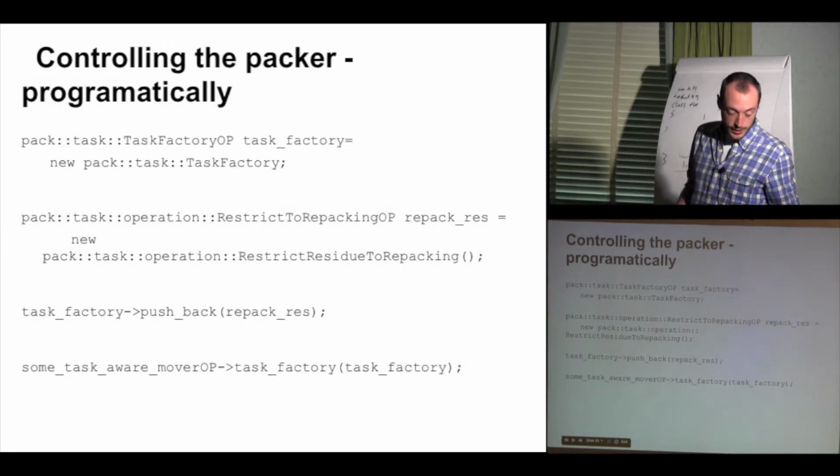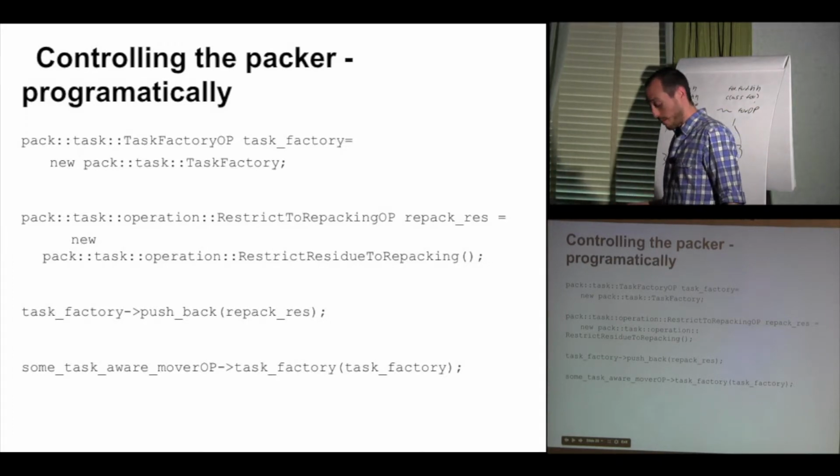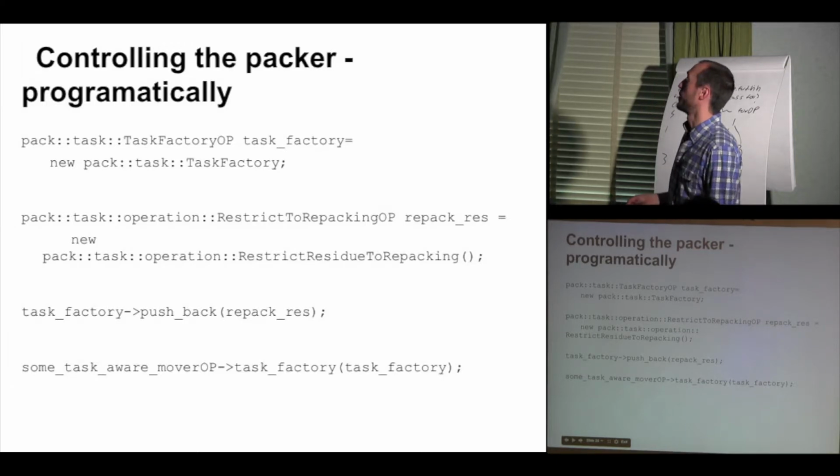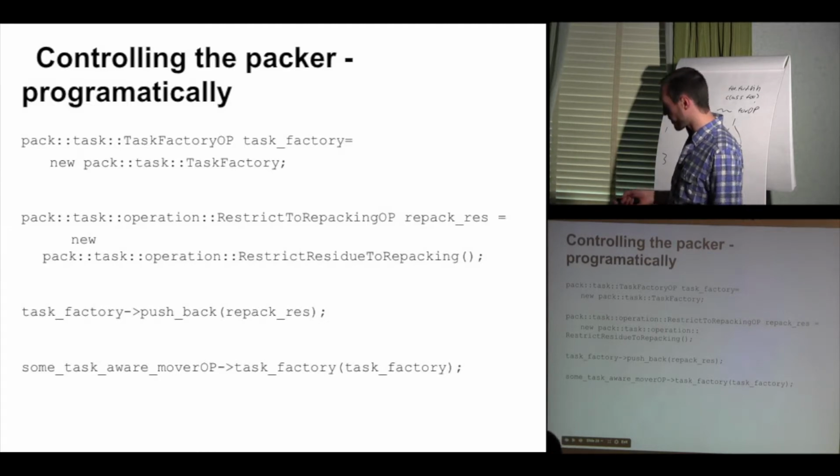And the first way we're going to do it is programmatically. So if you're writing some protocol and you have a mover that does design and you want to set up a task factory for it, how would you do it? Usually these movers take task factory owning pointers. And so the first thing you would do is generate a task factory owning pointer. And then you'd create whatever task operations you want. And so here we're going to do the restrict to repacking task operation.